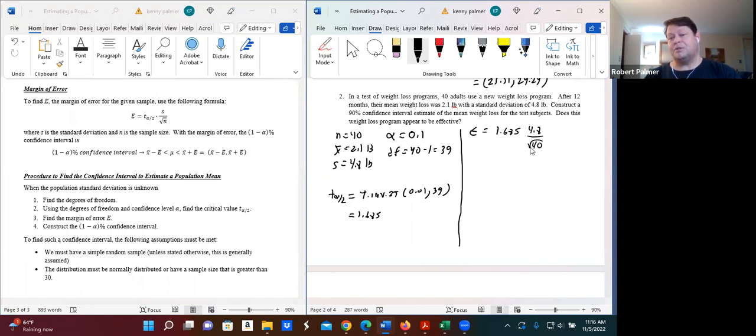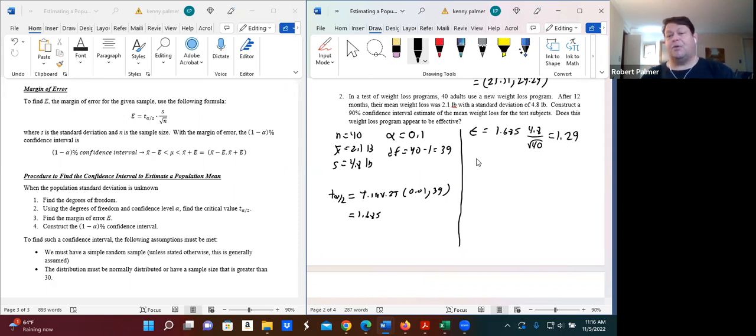Be careful here: it's the square root of N, not the degrees of freedom, so this time it's 40. Let's find that on the calculator: 1.685 times 4.8 divided by the square root of 40. To two decimal places, I get 1.29.